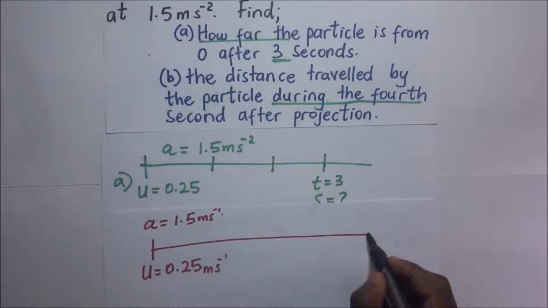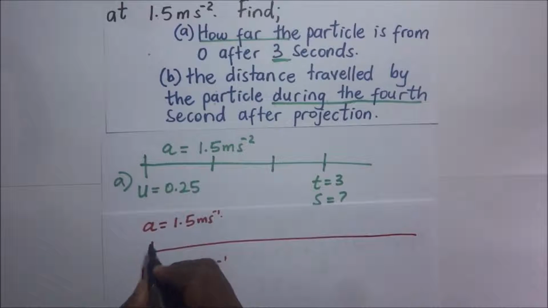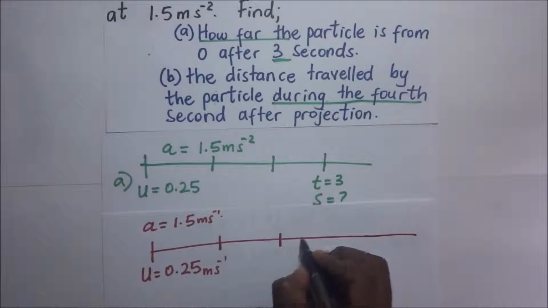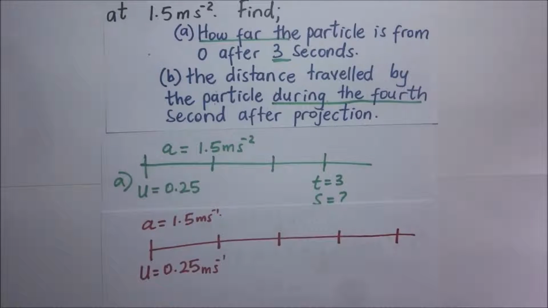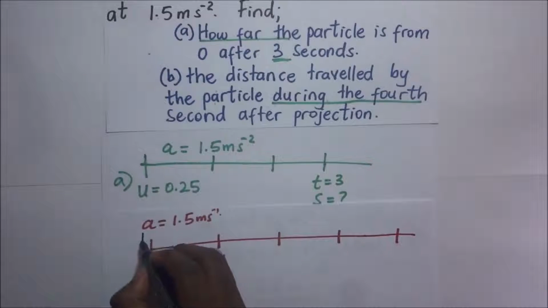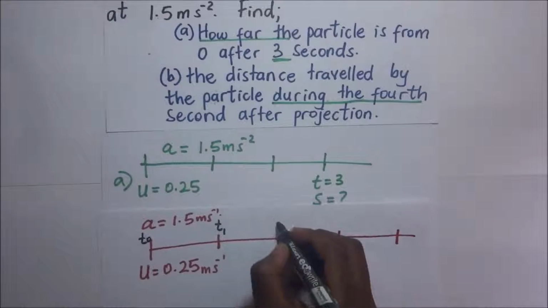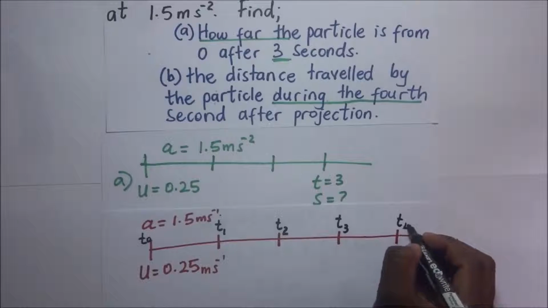So if it is moving on and on up to the 4th second, it means that right here the time is 0. So it moves, that's the 1st second, that's the 2nd second, that's the 3rd second, and that's the 4th second. What I'm trying to say is simple: at this point the time is 0, here the time is 1, after 1 second, this is time 2, after 2 seconds, after 3 seconds, that is after 4 seconds.